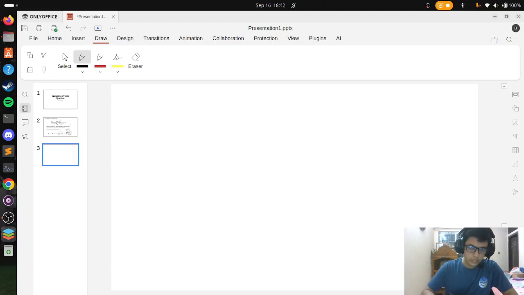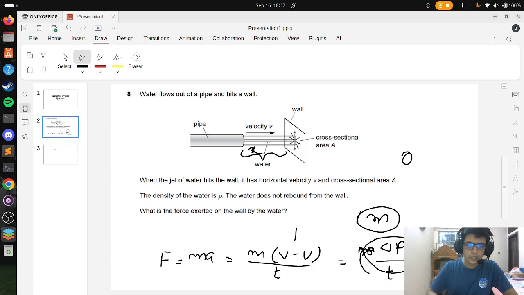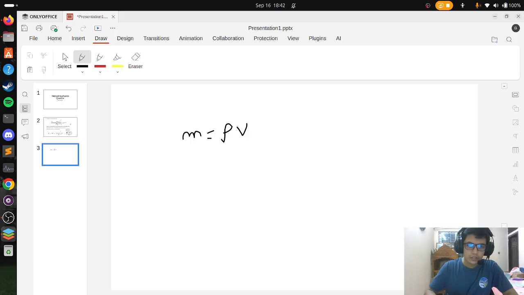We know that mass is equal to rho times volume. So what is the volume of the water? We know that the cross-sectional area is A, and that cross-sectional area is the water incident on the wall. But we need another dimension to make this a volume.